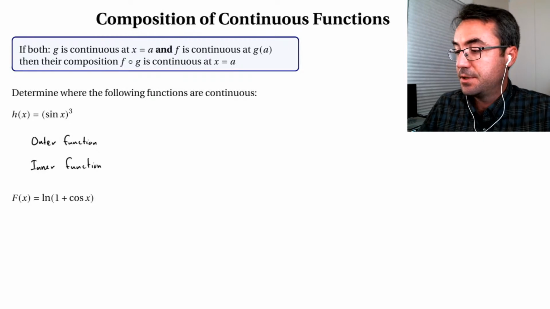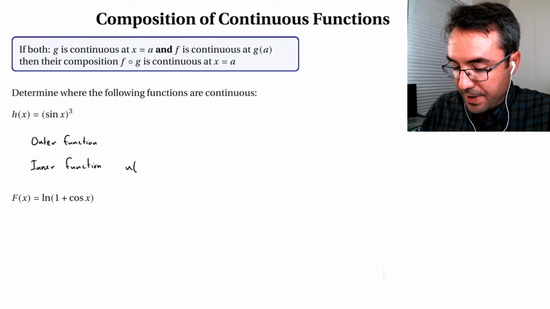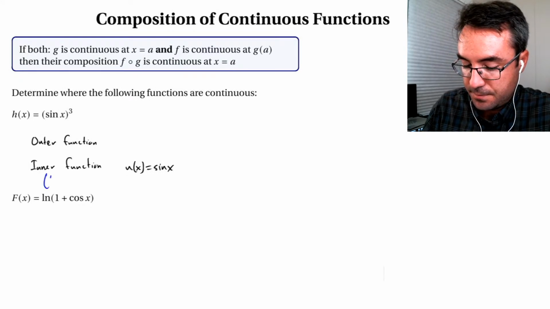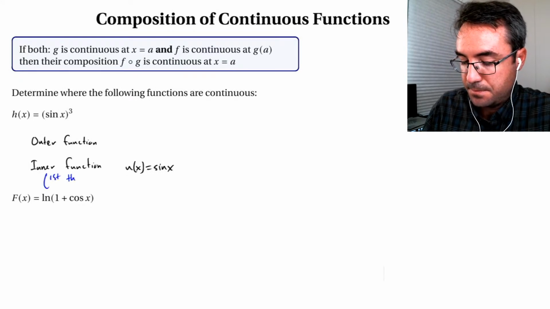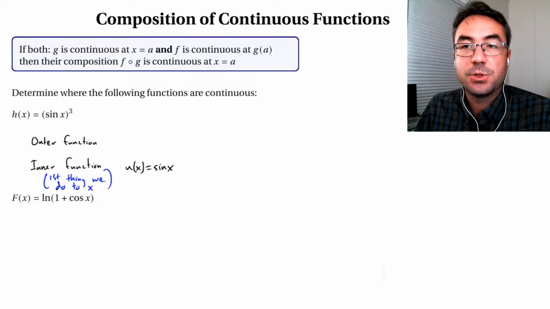It happens first. So in this case, we'll call it u of x, and it's that sine x function. It's the thing we first do to x. So we plug x in, it goes right into that sine function.